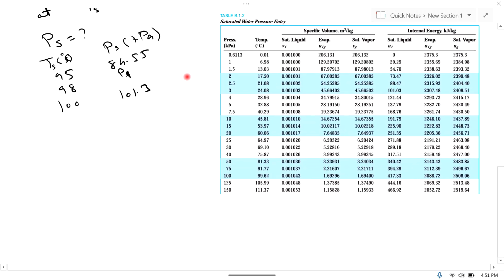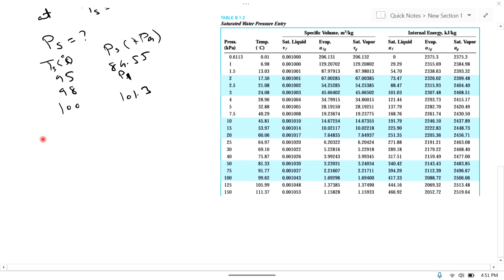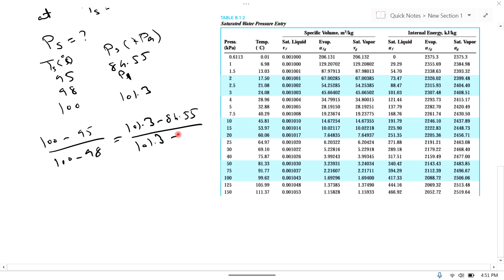So do the interpolation: (101.3 minus 84.55) divided by (101.3 minus P1), and simplify and solve for P1.